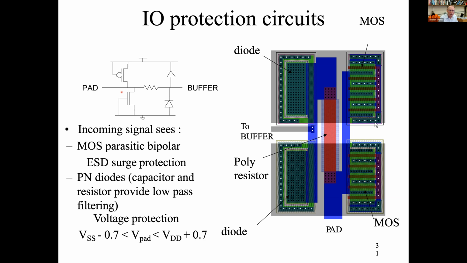So when a voltage surge comes here, either one of these two parasitic transistors will turn on, and the high voltage will be dissipated to ground. And you've got some low pass filtering, and the idea is you want a voltage protection, typically within 0.7 volts of your ground and VDD.